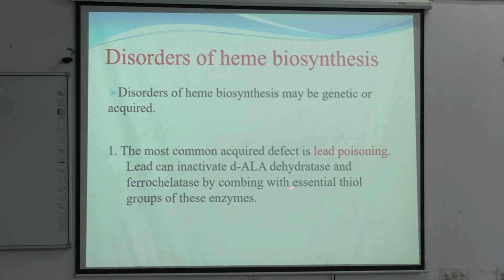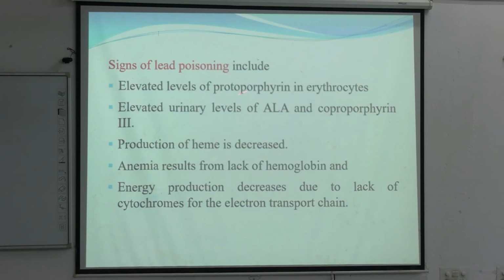So if this enzyme is affected, ALA will accumulate in our body and also coproporphyrin 3. Okay, production of heme is decreased, anemia can be there, and energy production decreases due to lack of cytochromes in the electron transport chain. So the overall signs of lead poisoning are these.